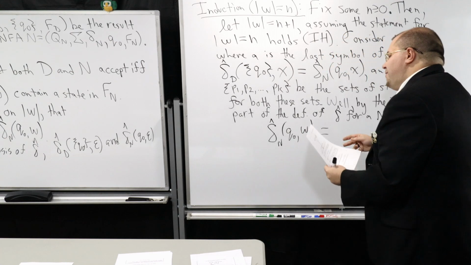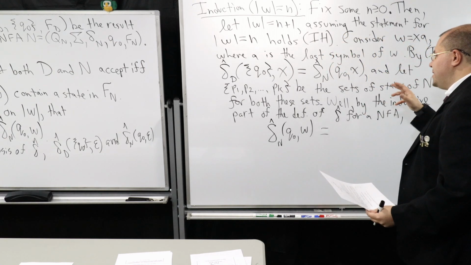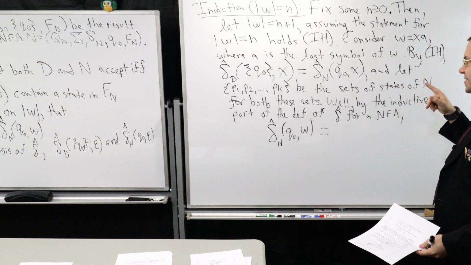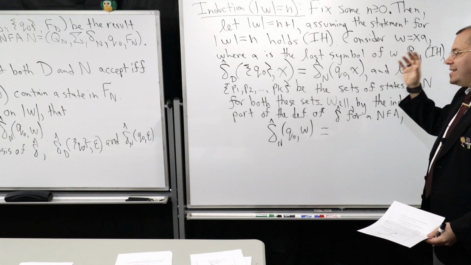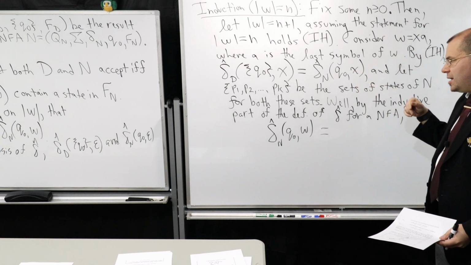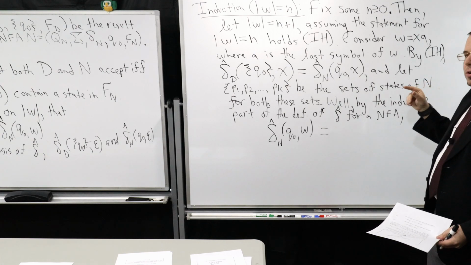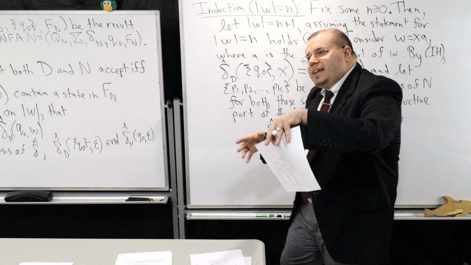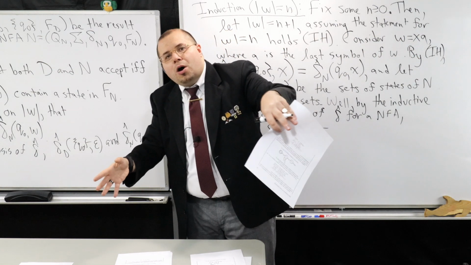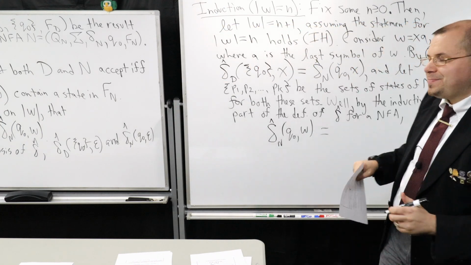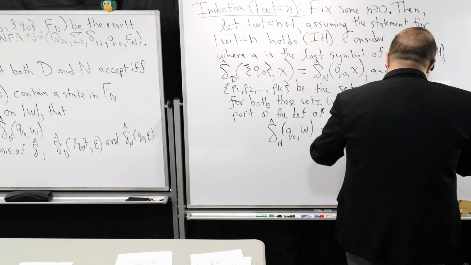Remember what we did when we had the extended transition function for NFAs? I imagine I have a set of states that it is currently in after processing x. When I read the next symbol, it's supposed to tell me all the states that you can transition to on symbol A from all of those states. So that's all I'm going to write here.